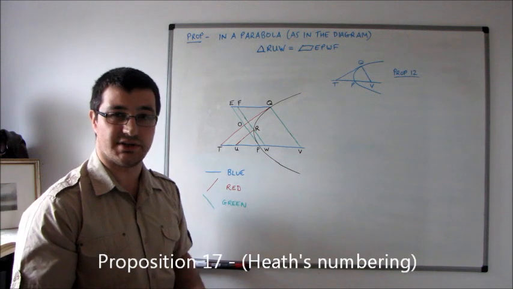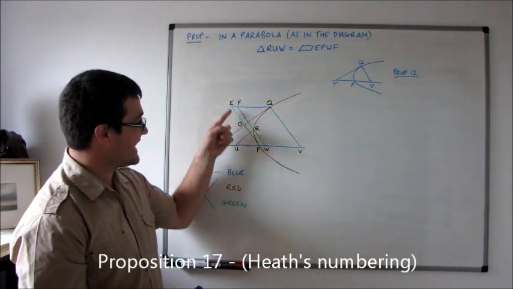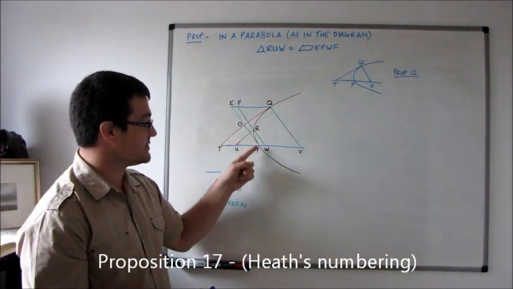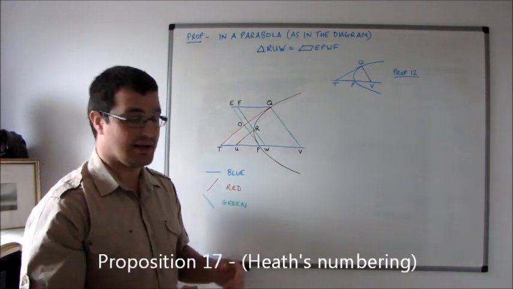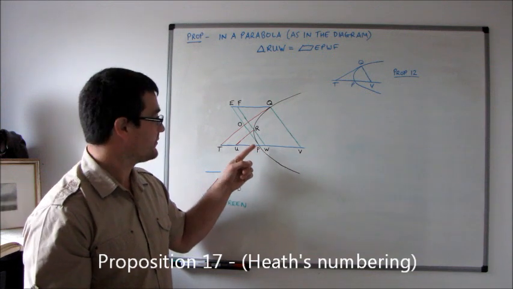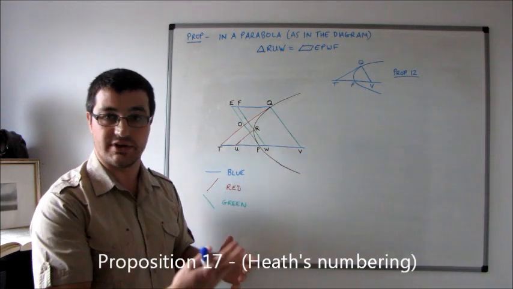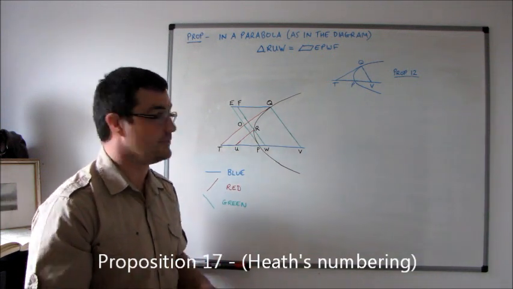It's important to note at this stage that this is not a tangent. We're not assuming that this is a tangent at the point P. It will actually turn out further down the line that it is a tangent line at the point P, but we're not free to assume that just yet because we haven't proved that.